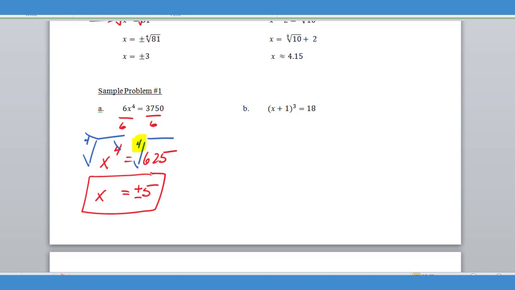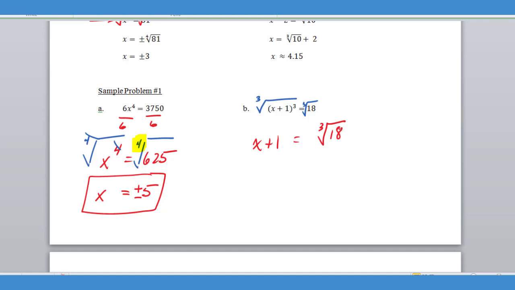In B, I already have the term that's being raised to a power isolated. So here I'm just going to go ahead and take the cubed root of both sides. That's going to eliminate the power, so I'm going to be left with x plus 1 equals the cubed root of 18.